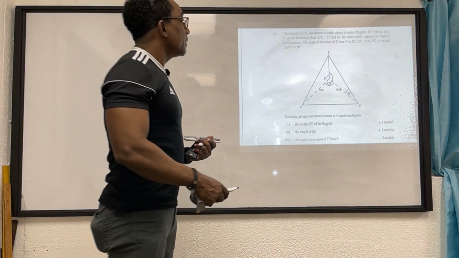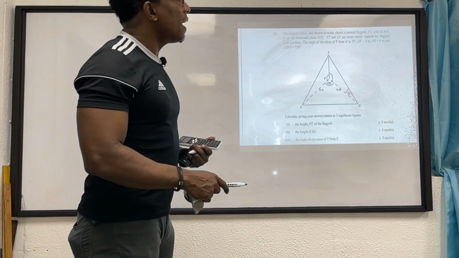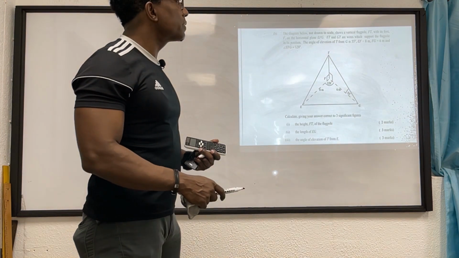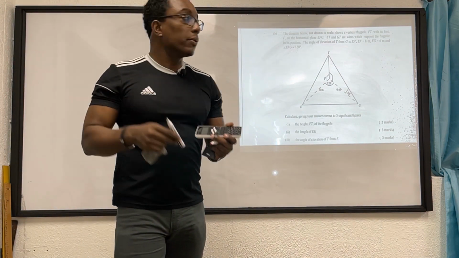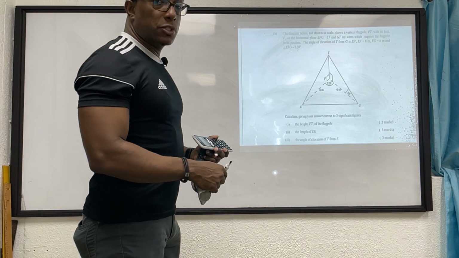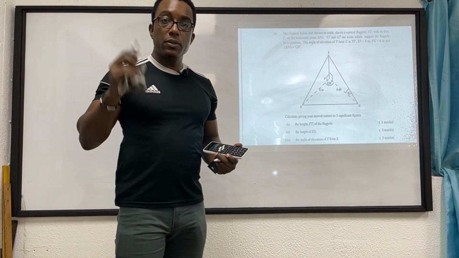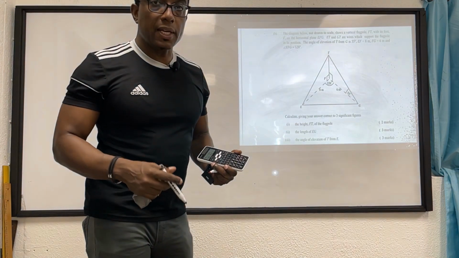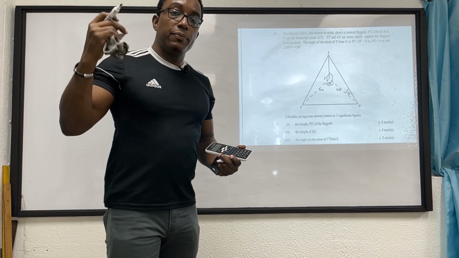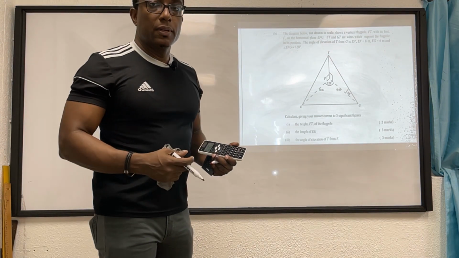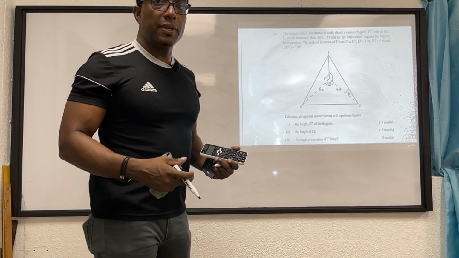It says here that ET and GT are wires which support the vertical pole. So we have this vertical pole and some wires supporting it in its position. The angle of elevation, and again, very important for us to know with trigonometry, angle of elevation, angle of depression, which I'm going to review as part of this review exercise.